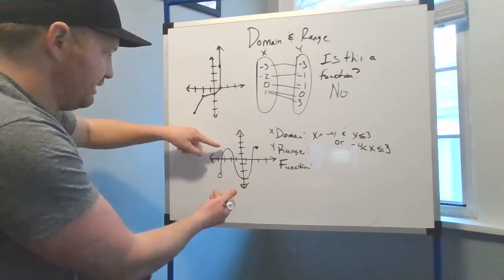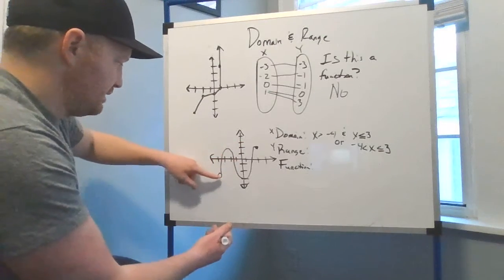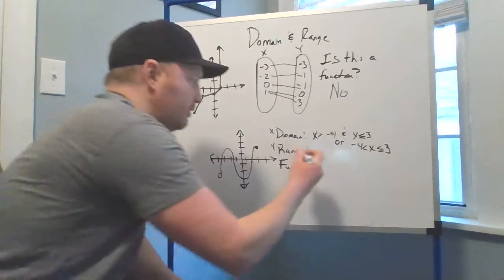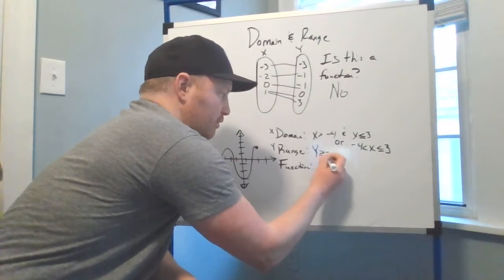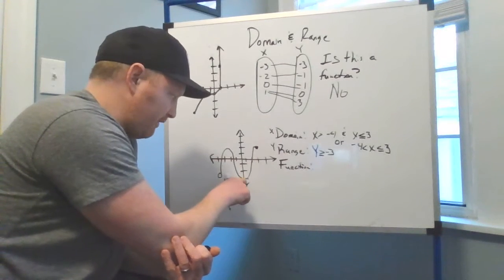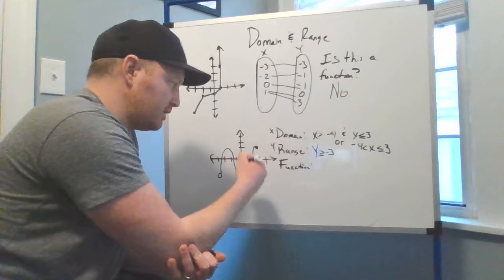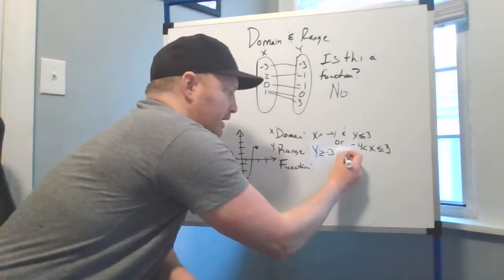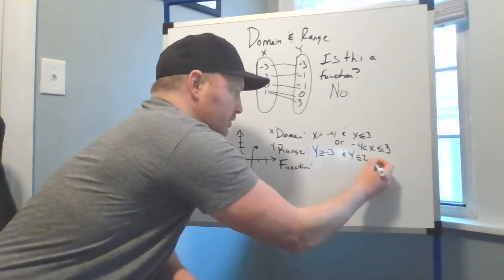I can see that this graph exists between +2 and -3. So Y is greater than or equal to -3. I know it's or equal to because I can see my graph hits right there at -3, and it also hits up here at +2. It touches those spots. And Y is less than or equal to 2.